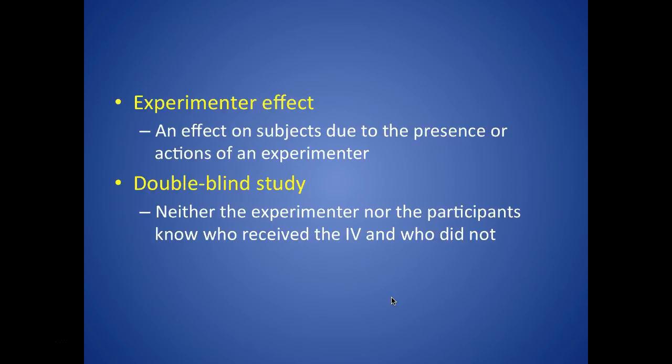So the experimenter effect is an effect on subjects due to the presence or actions of an experimenter. To control for this, researchers often do what they refer to as a double-blind study, where neither the experimenter nor the participants know who received the independent variable and who did not.